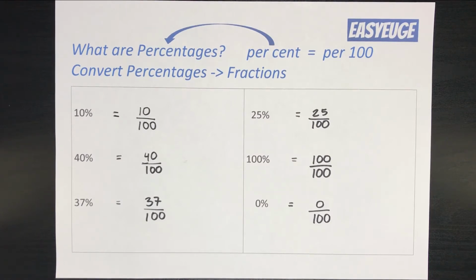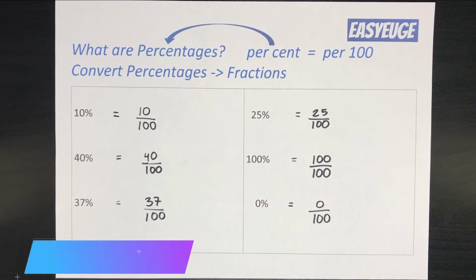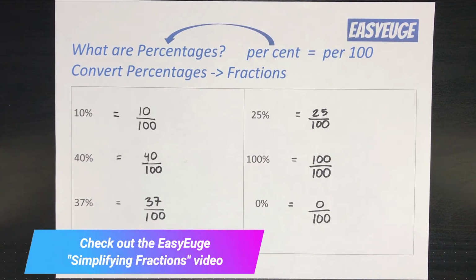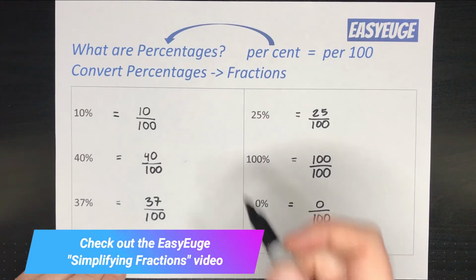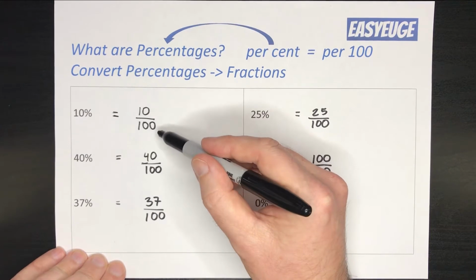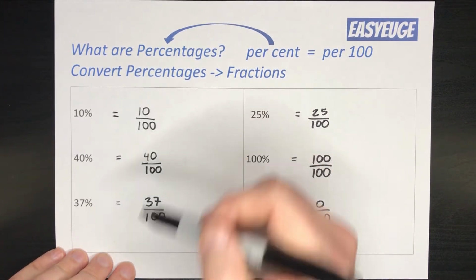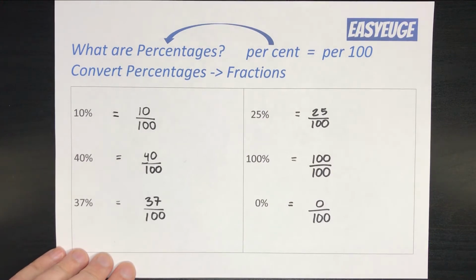Now you may be asked in an exam or in a question to convert a percentage into a fraction and then simplify it. So I would recommend my YouTube video called Simplifying Fractions to show you more about this. But let's just take a look at this one here, for example. To simplify a fraction, whatever you do to the top number, you must do to the bottom number.